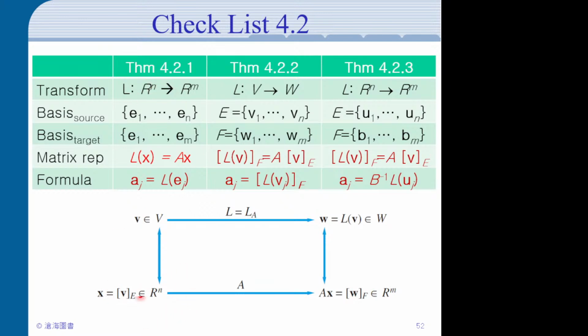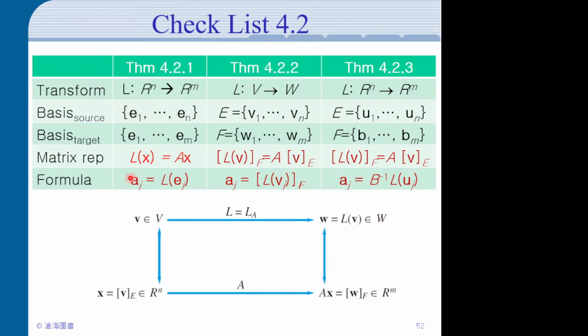And we found out that for the transformation from Rn to Rn, if you think about both in the standard basis, E1 to En and E1 to En, then you can easily find your matrix representation, where the jth column of A is just the linear transformation of the jth basis element of your input space. Okay.